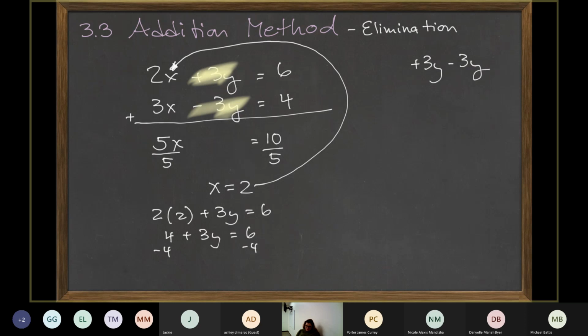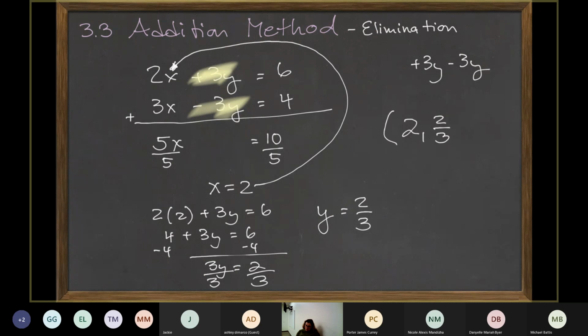Subtract 4. 3y is equal to 2. Divide by 3, and y is equal to 2/3. So my ordered pair would be (2, 2/3), and that is the answer.